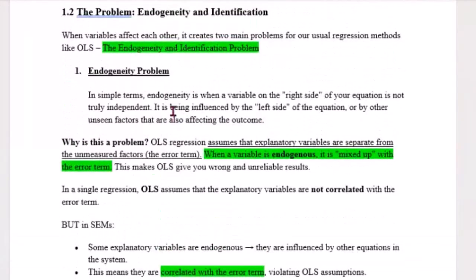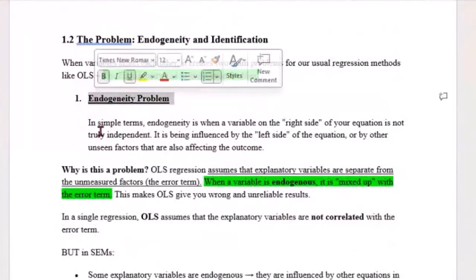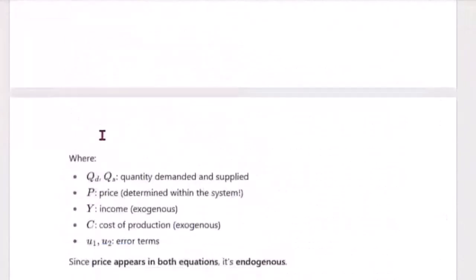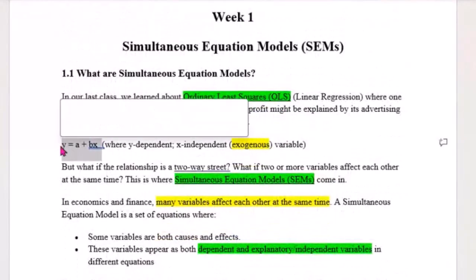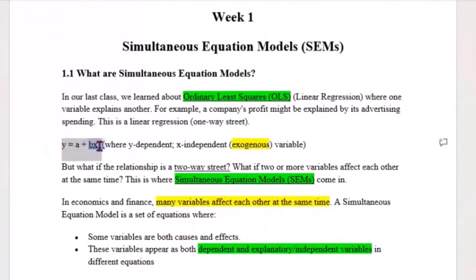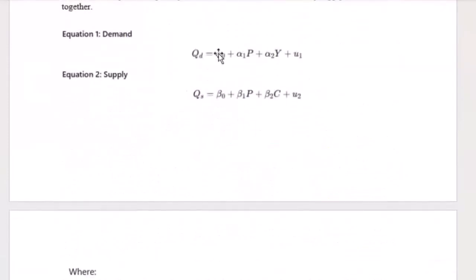So that is the story, but now I want to explain this problem we are calling the endogeneity problem. The usual model we know is this OLS model here, where we have one independent and one dependent variable. But when we come to simultaneous equations, we have a system of equation 1 and equation 2. In this system, we have one variable which is endogenous.